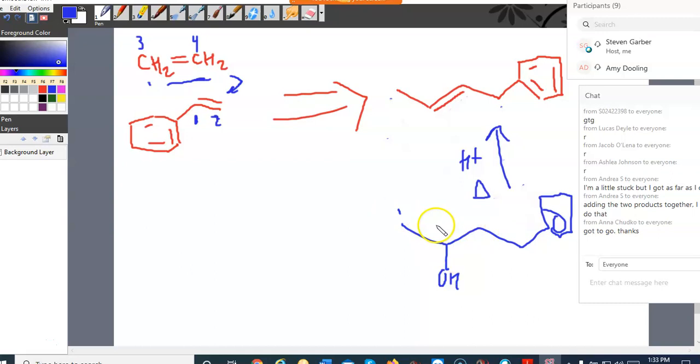So if we count these carbons 1, 2, 3, 4, I want it between the 2 and the 3. So that's basically the planning stage. You kind of have to think about how you plan these, where the groups have to go, knowing we have to do Zaitsev's rule, and/or Markovnikov, and all that stuff.